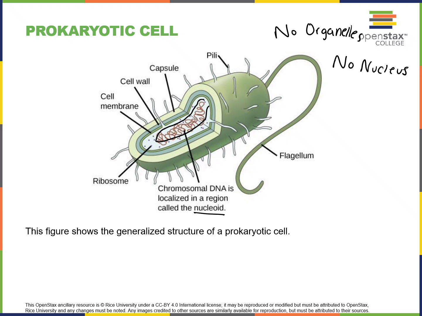Don't get those confused. But it doesn't have any of the mitochondria. It doesn't have any Golgi apparatus. It's got nothing, okay? So it just has that cell wall, the cytoplasm, and DNA, and some ribosomes to make proteins. That's all prokaryotic cells need to do. They are pretty simple.